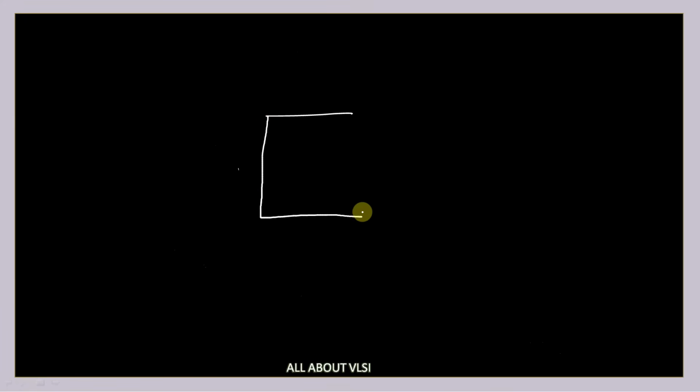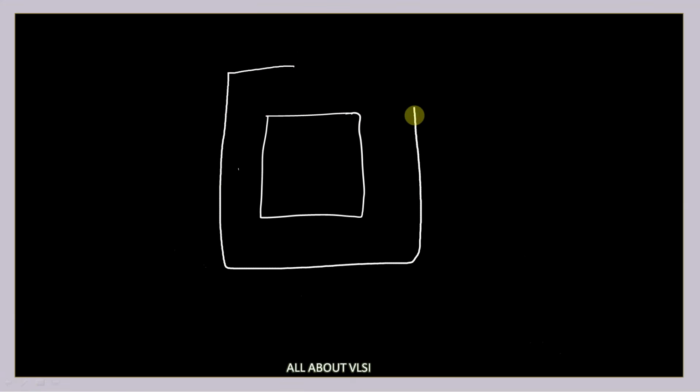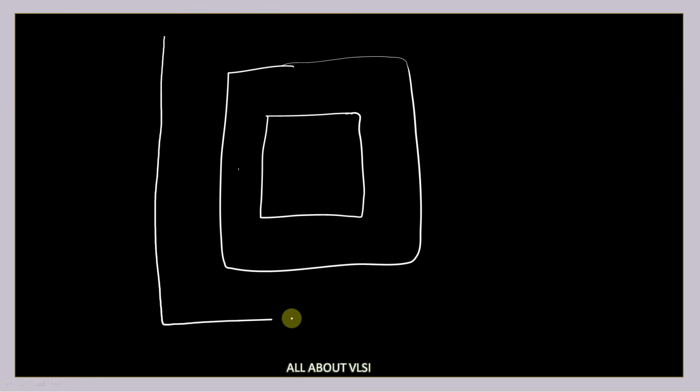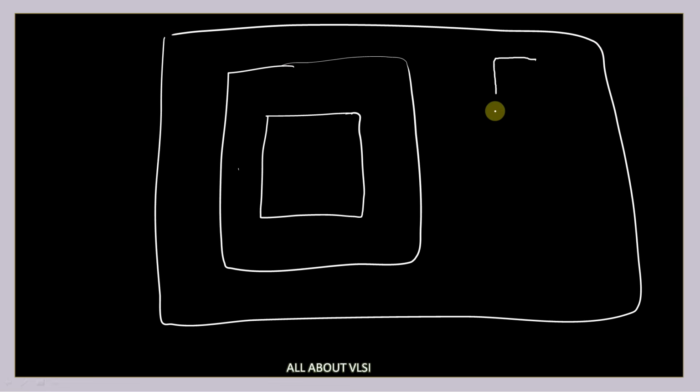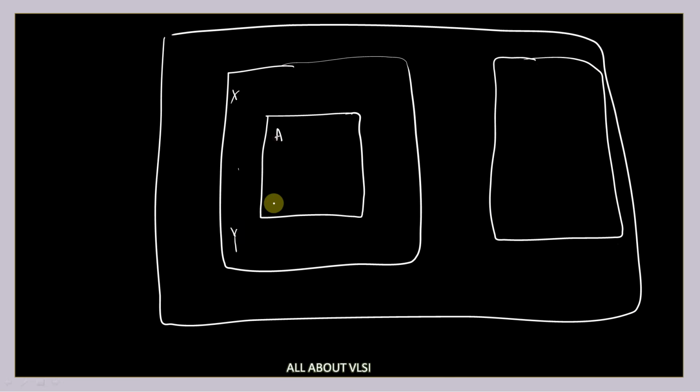We have a module like this, and we have one more module like this, and this module is connected over here, and we have one more module like this. We have some variables x and y which are associated here, and we have a and b, c and d, m, n.